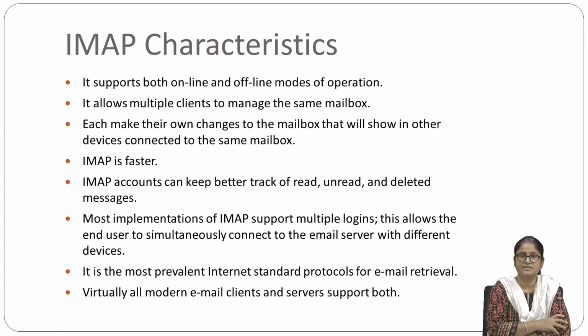So, simultaneously a user can access mails if he has multiple accounts on different mail servers. For example, Gmail, he can also configure Yahoo Mail, Rediff Mail or Hotmail. Multiple mails can be configured.